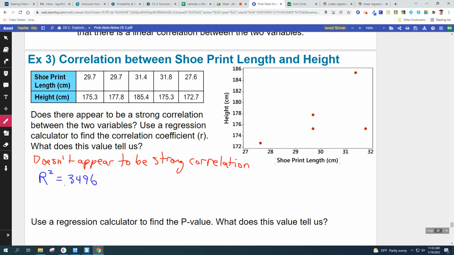We want R, not R squared. So what we need to do is take the square root of both sides. We need to solve this for R. But what you can't forget is an equation like this has 2 solutions, the plus or minus root. So we would take the plus or minus square root of 0.3496.